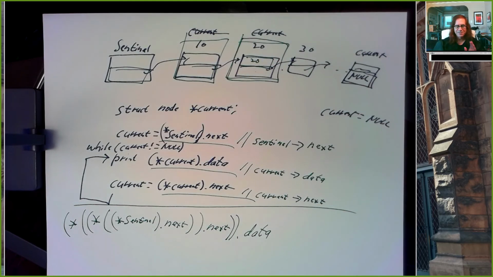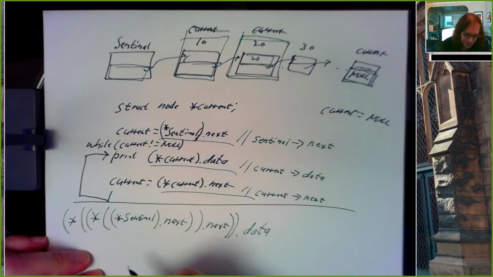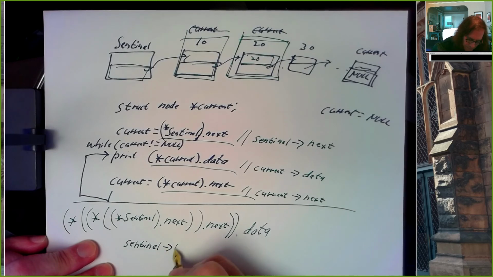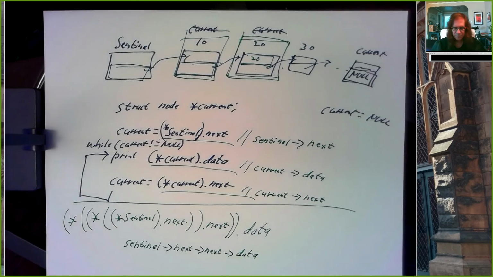Unless you're a fan of Lisp, you don't want to write code like this. With this arrow notation, this looks like the following. Sentinel arrow next arrow data. And here I don't use parentheses because I believe in my heart that this will do the right thing. And it almost always does.